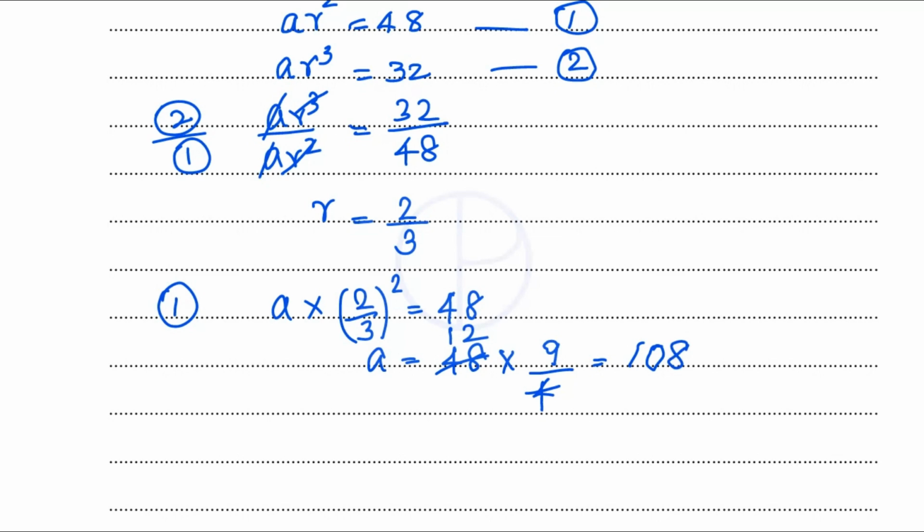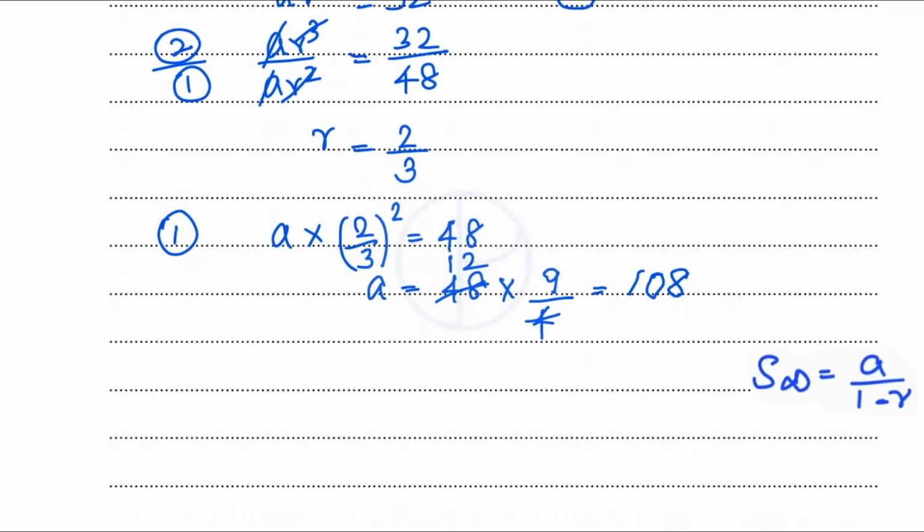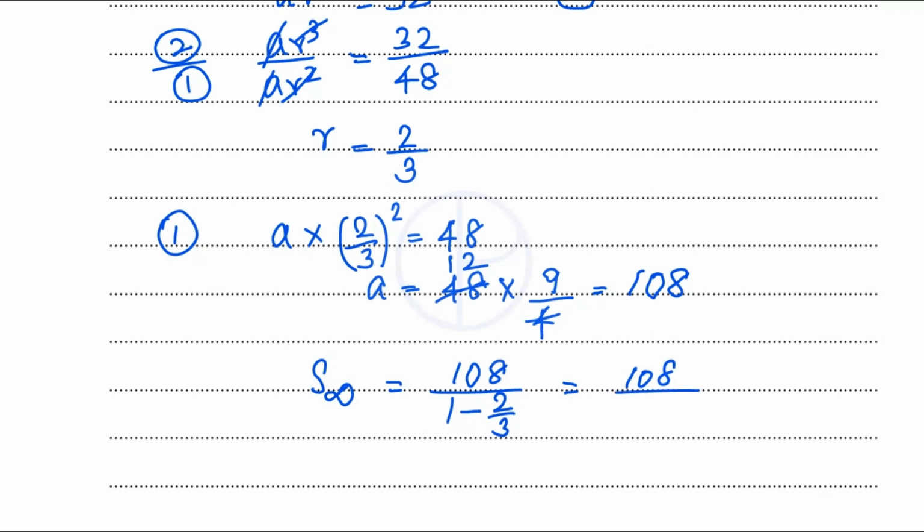Let's find the sum to infinity of the geometric progression. a divided by 1 minus r. So 108 divided by 1 minus 2 over 3. Let's take the LCM.